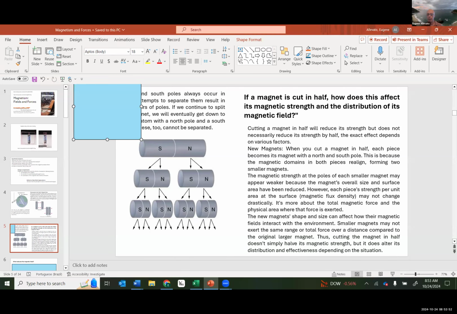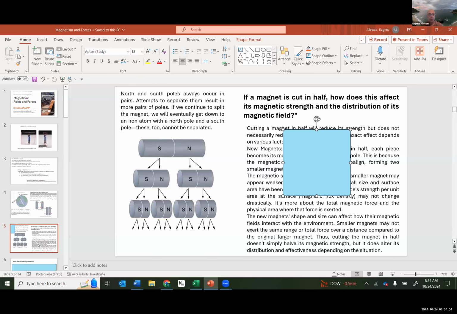So shapes may affect the magnetic field. Okay. All right. So let's move to the next slide.